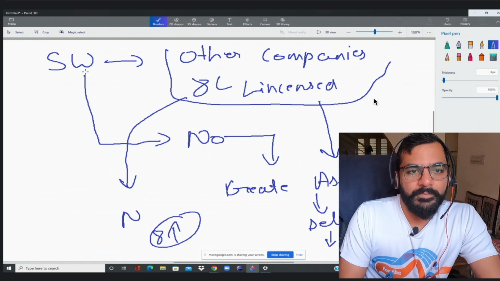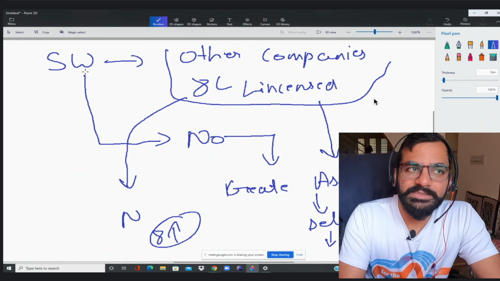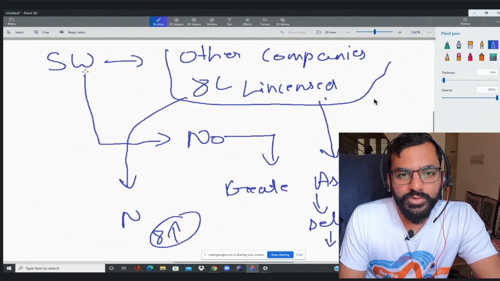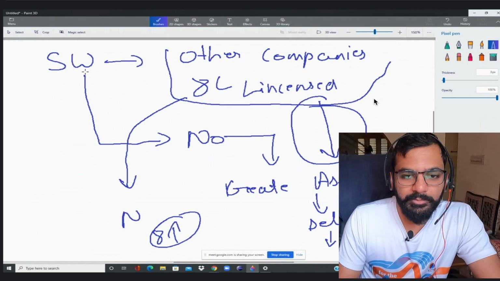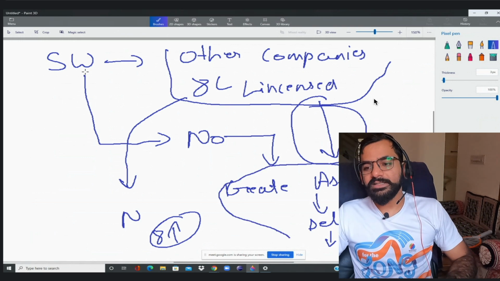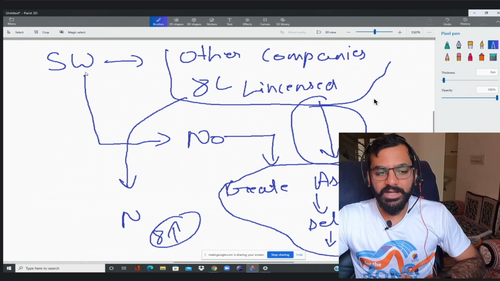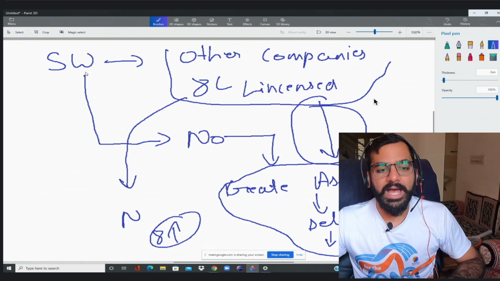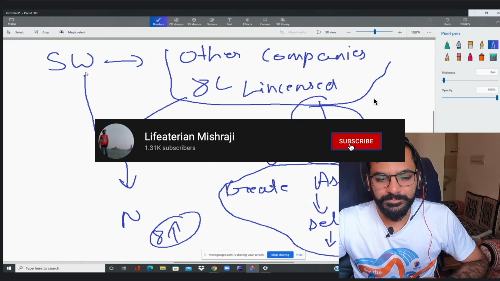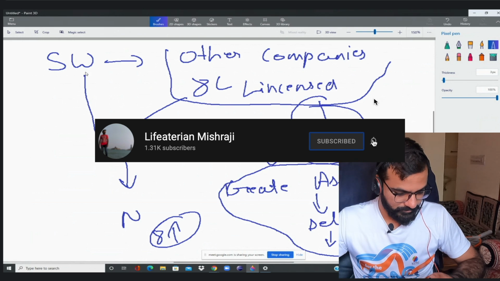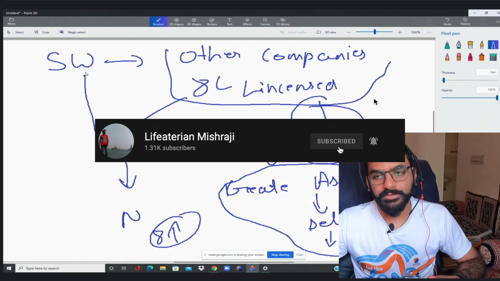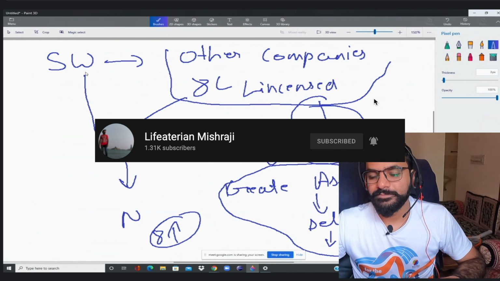Correct? So one thing is, this is an asset for sure, but you have to also see it is a revenue source. Revenue source, income source, we will discuss that later, but then it is an asset. Softwares are an asset which you have to understand, and you have to understand which company has an asset like this. Ah, SAP. Correct.